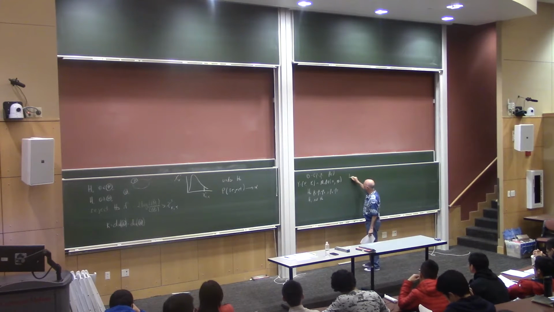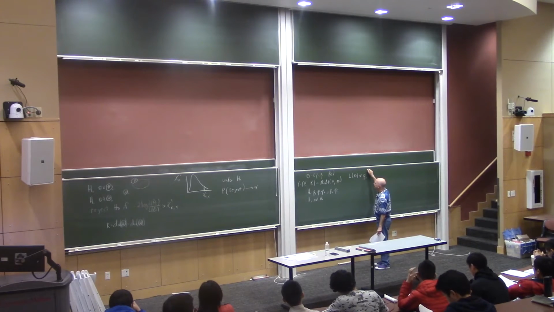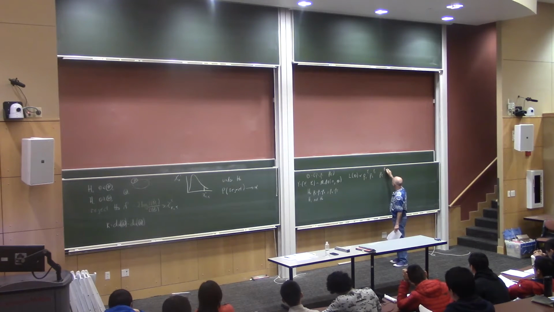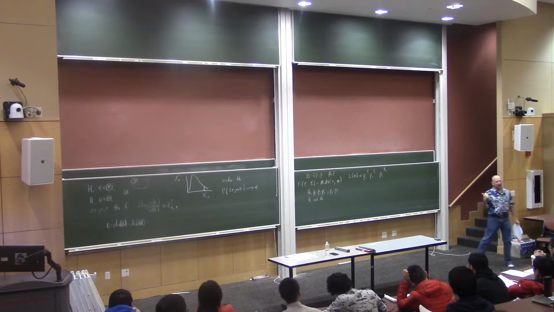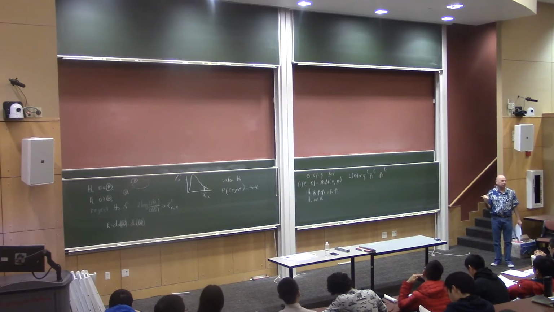Remember the likelihood, I don't know if I talked about the likelihood for a multinomial, but here it is. If we do the MLE, we have to be careful. If I just maximize the likelihood like that, we won't get the MLE.